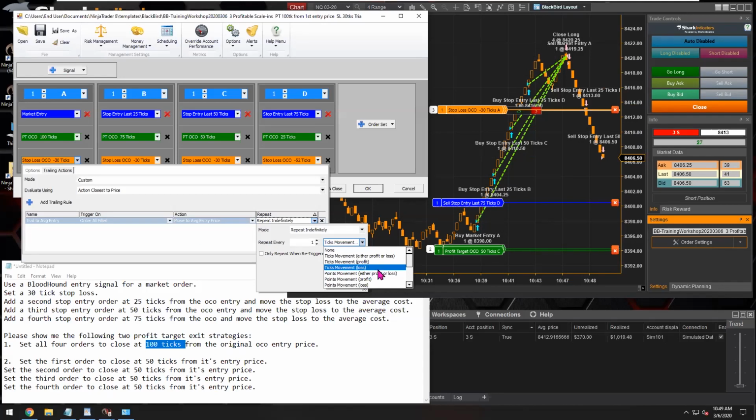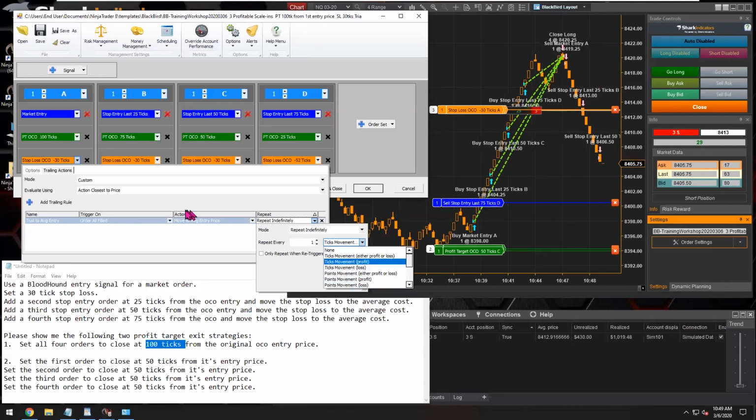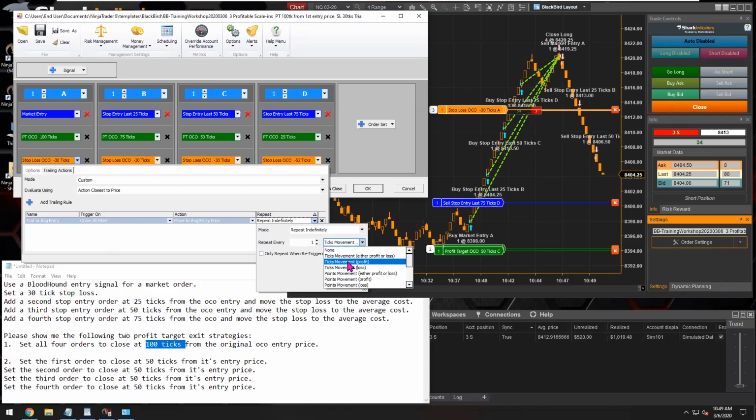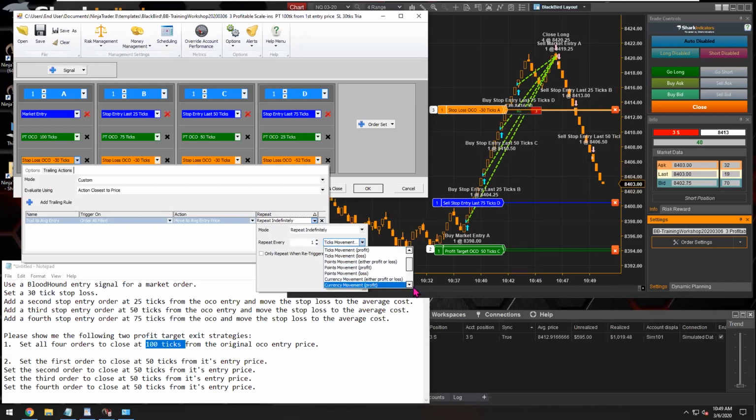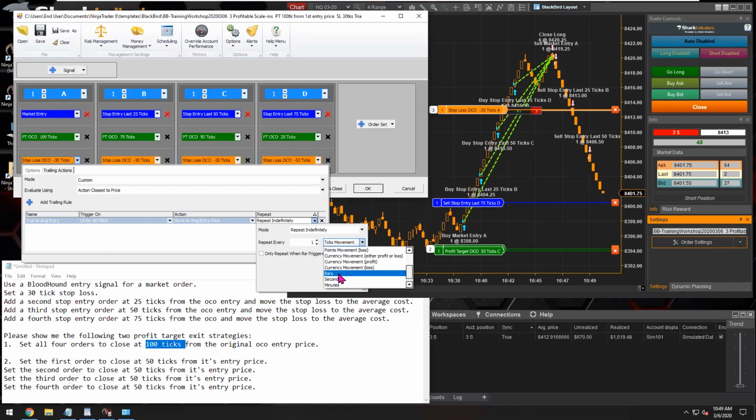So be aware that if you're using indicators anywhere in your trailing rules, your repeat will not be able to function tick by tick, because your indicator has to wait for a bar to close before it updates itself. So just keep that in mind. That's why the repeat defaults to once every bar, because a lot of people are using indicators in their trailing rules.